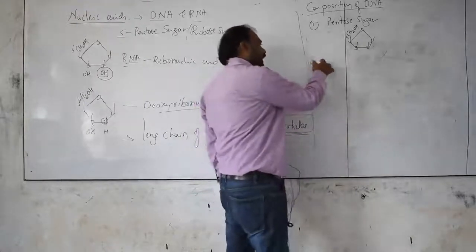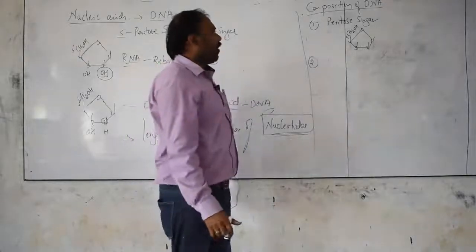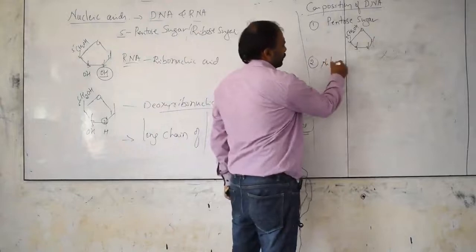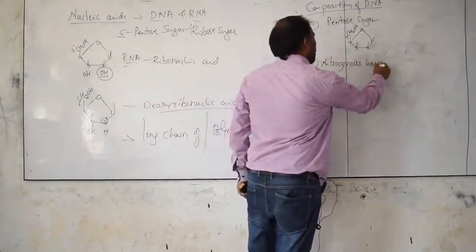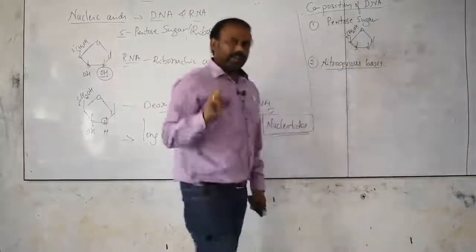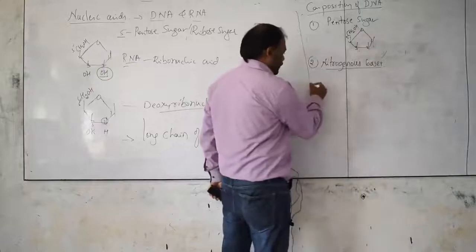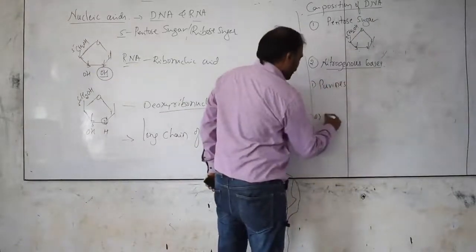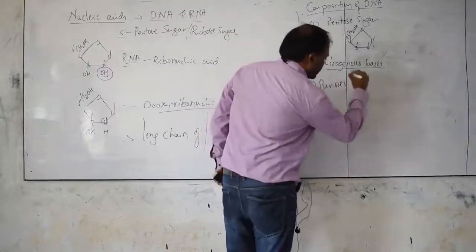And the second ingredient, the second chemical present in DNA or RNA, is nitrogenous bases. Very important. There are 2 kinds of nitrogenous bases, one is purines, the second is pyrimidines.